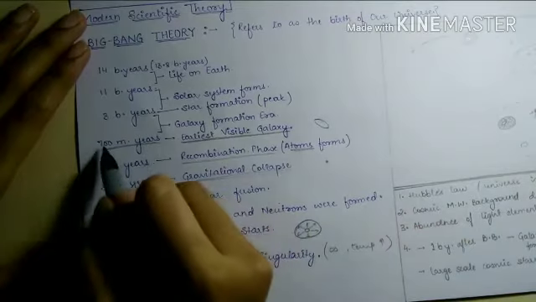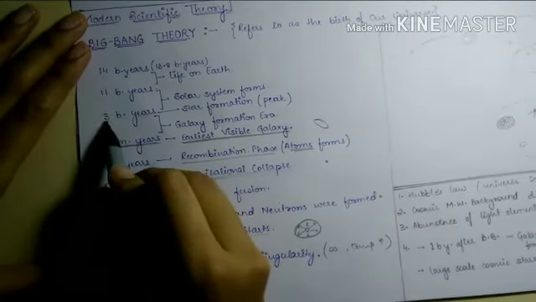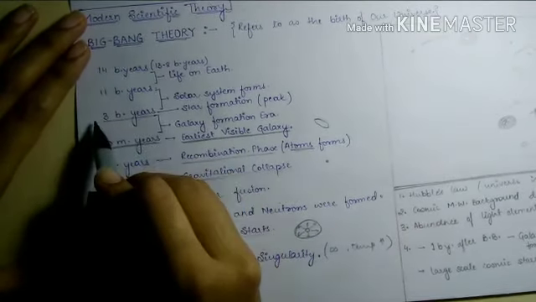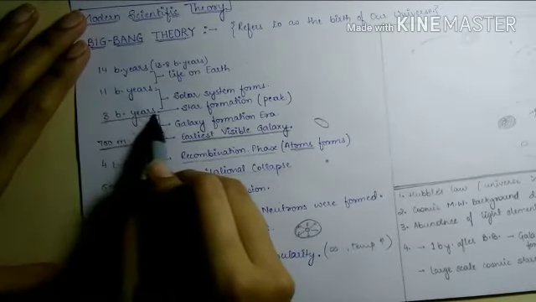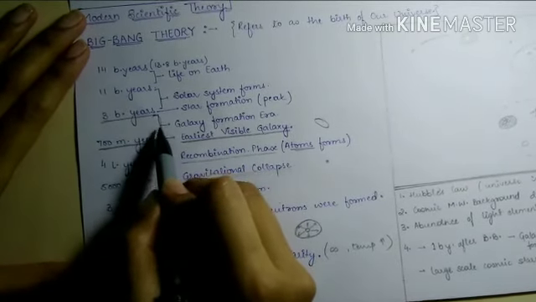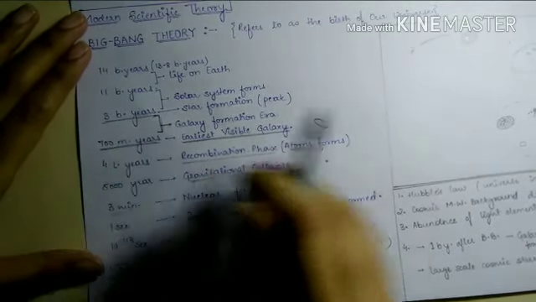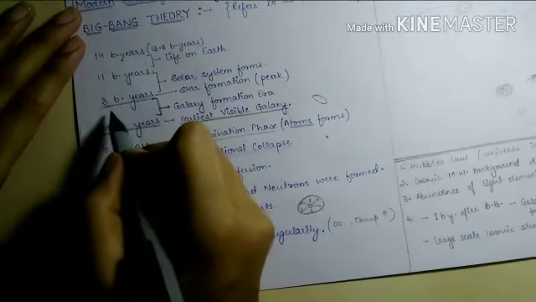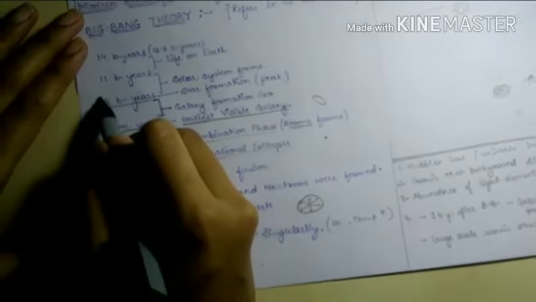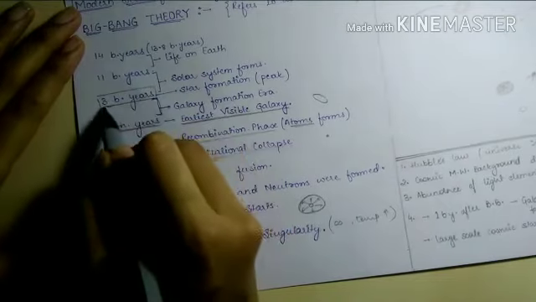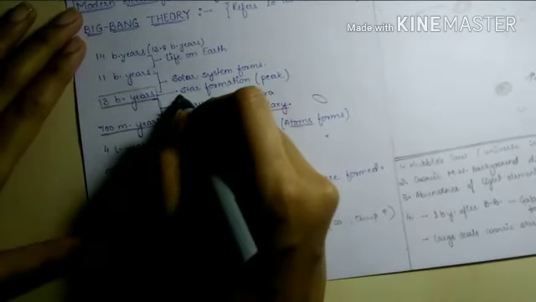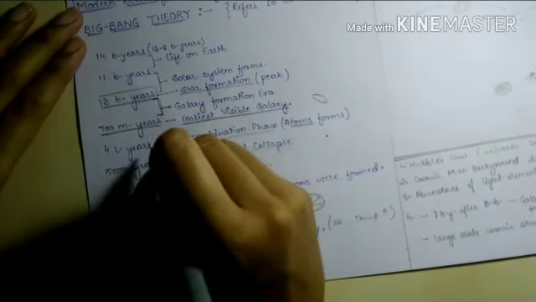And the era between 700 million years to 3 billion years was the era of formation of galaxies. After 3 billion years, star formation started, and this was the peak time.